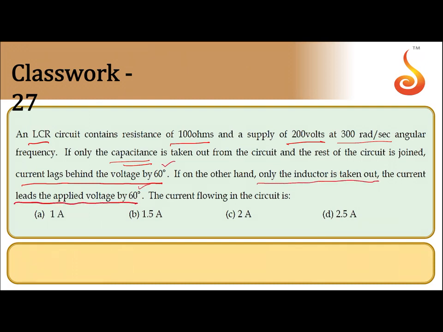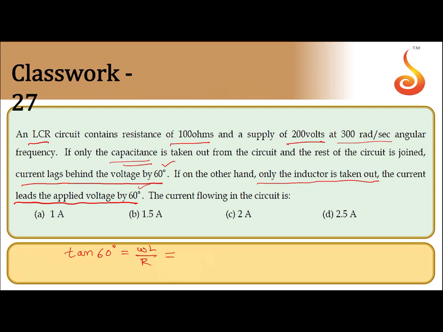Notice one thing, this is also 60, this is also 60. So when only capacitor is removed, then it will become inductive circuit. So tan of phase difference, which is 60 degree, is equal to omega L by R when capacitor is removed.